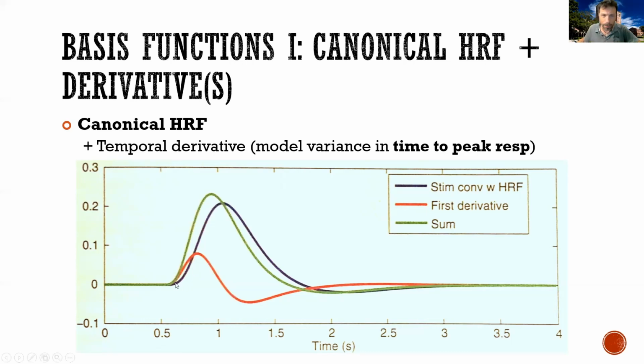For example, in this case, they're using a little bit of the first derivative plus the amplitude of the canonical, I can create this shape right here. And of course, if somebody had the opposite, right, I could give the opposite value to the first derivative, and now the green one would have a slower peak and would look more like this. Right? So I use two functions together to better model, to allow for flexibility in modeling the HRF.